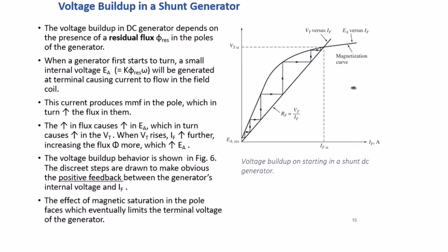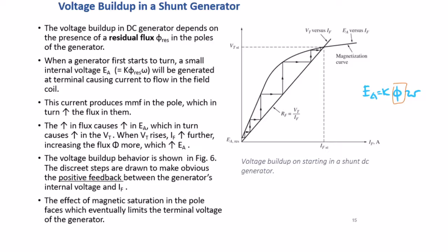Again, if you write it down, the equation is EA equals K flux omega. So we've got a very small flux initially, which is the residual flux.